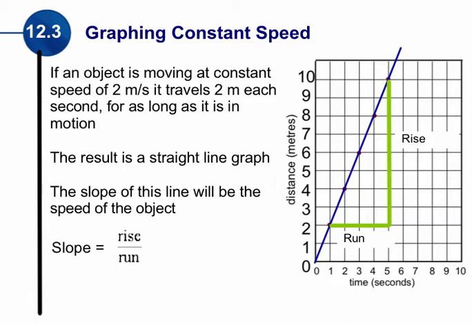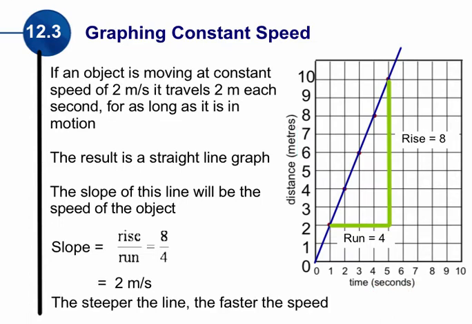And if we look on the graph, the rise here, it goes from 2 to 10, so a rise of 8, and from 1 to 5, a run of 4. 8 over 4 gives us 2, and again, the units are the same as the units on the graph, meters per second. We always use the units that are on the graph.